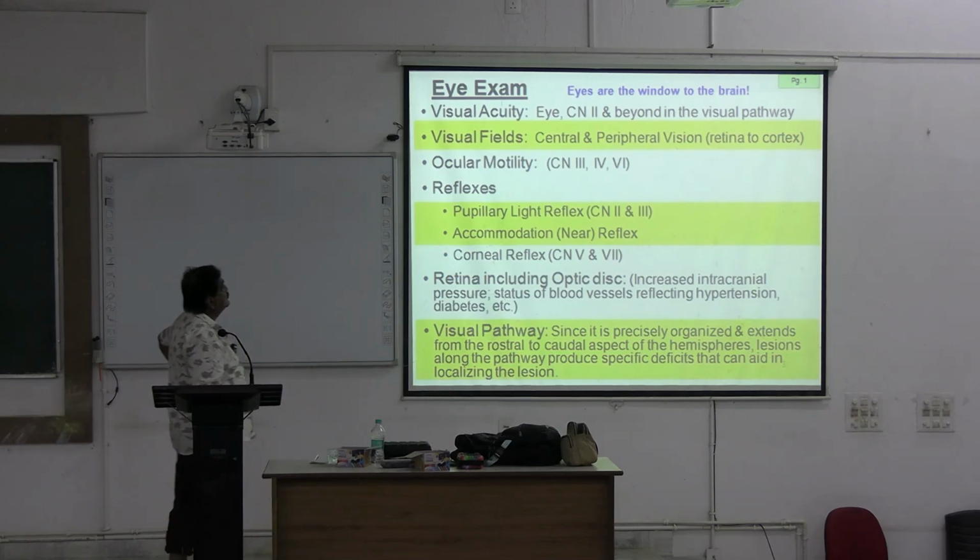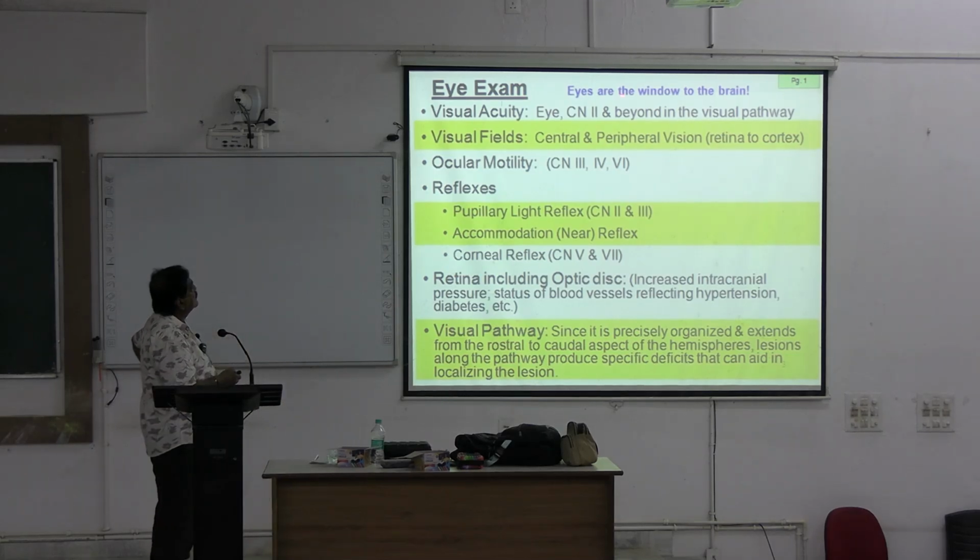Eye examination. Eyes are the window to the brain. Visual acuity: the eye, nerve 2, and beyond in the visual pathway. Visual field: central and peripheral vision, retina to the cortex. Ocular motility: nerves 3, 4, 6.